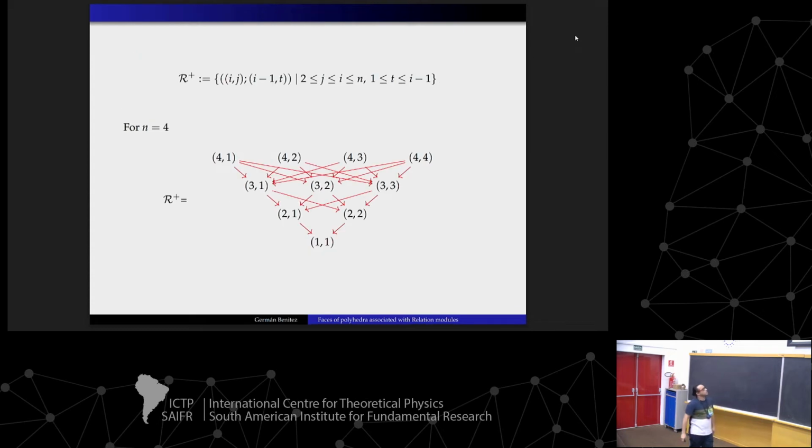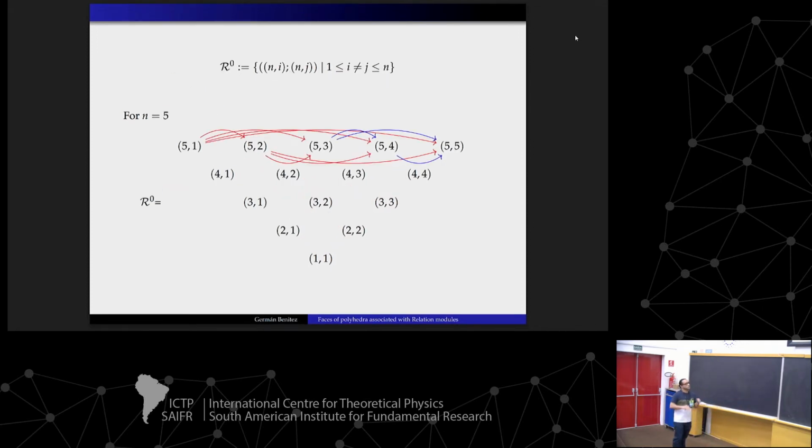R plus is the set of all arrows going down between consecutive rows. R minus is the dual graph, or arrows going up between consecutive rows, and the special graph, or possible horizontal arrow, at the top of the triangular configuration.